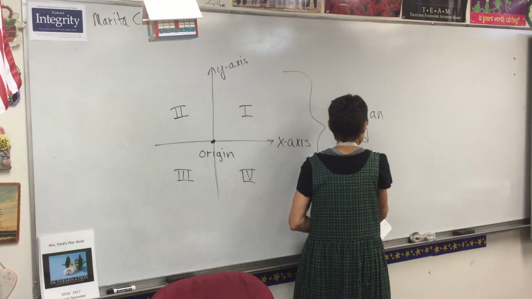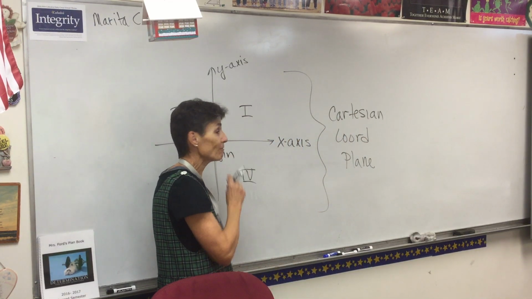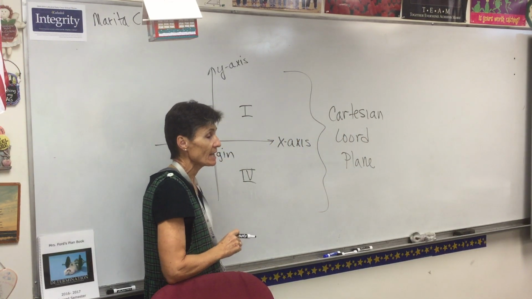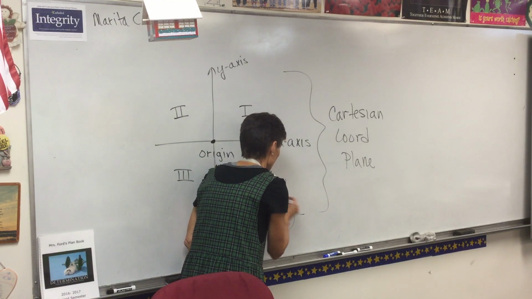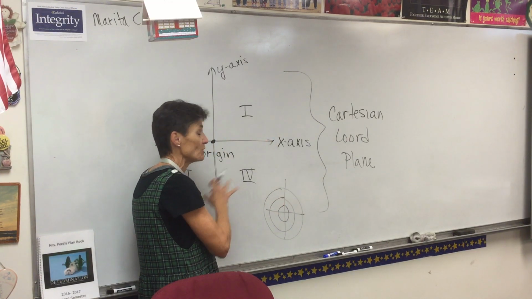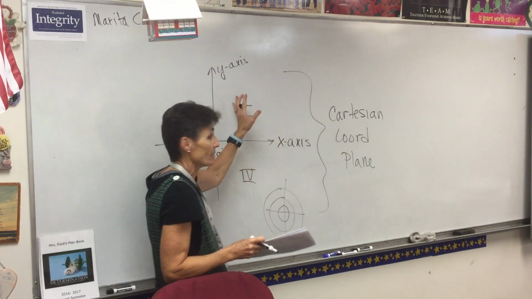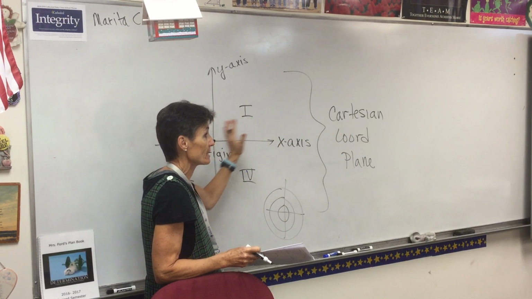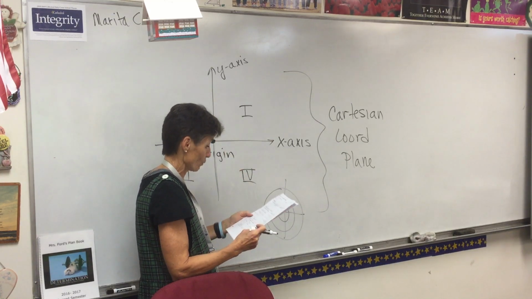One exciting thing that we'll do this year is we will start graphing not only in the rectangular coordinate plane, but we'll also start graphing on a circular plane. And that's called the polar coordinate system. So we'll be doing that later. This is called the Cartesian coordinate plane. This is your rectangular. Everything is X and Y, horizontal and vertical.